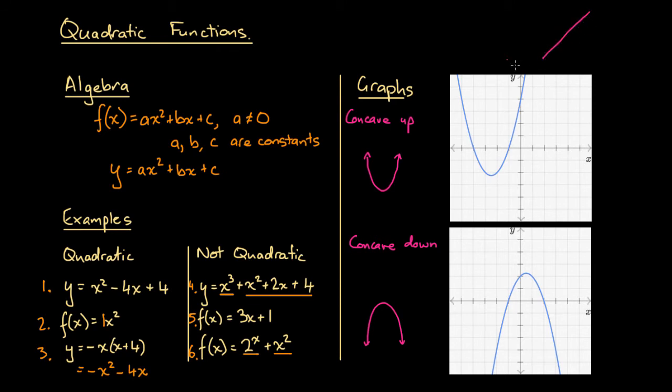Or we'll never get a quadratic function that looks like this. Or a quadratic function that looks like this. In fact, this isn't even a function. So we'll never see quadratic functions look like this. Instead, they will always take this particular form, this upward opening or this downward opening, concave up or concave down form.